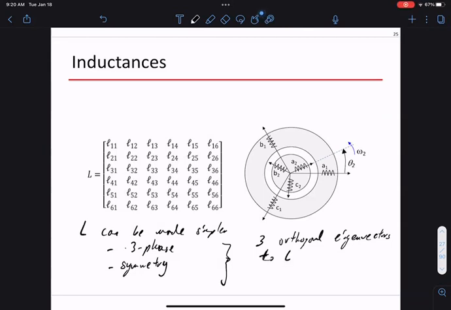And then there are 3 orthogonal eigenvectors to L. They're all symmetric to each other, equivalent to each other. So by using 3-phase, you can basically get this matrix to look like 3 single-phase systems going around. Even though everything is coupled and complicated, there are 3 orthogonal eigenvectors. So there is a single phase equivalent.